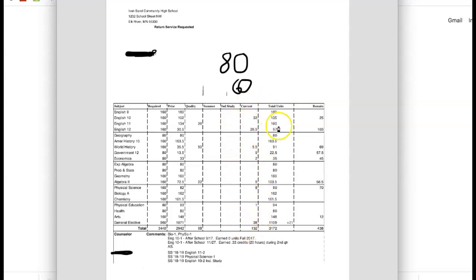So this plus this, or this minus this, should equal this. So this person has only 25 units, or about a quarter of a semester of English 10 left, a semester and a half of English 12, half a year of world history, 3/4 of his government, and 45 units in economics left.